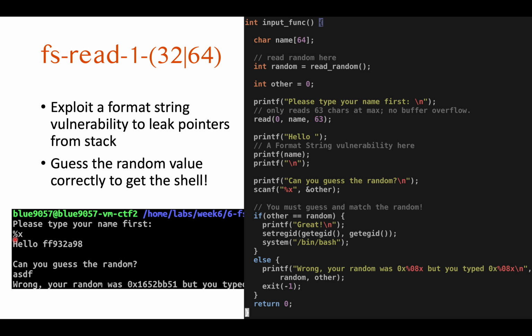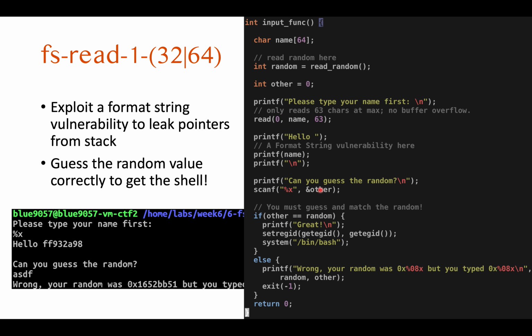Although I put %x here, it did not print out hello %x. It printed out hello, and %x was interpreted as some value in the stack by printf. This is the result of an actual sequential read on the stack. Then it asks us to guess the random value, so we can type a hexadecimal number here.